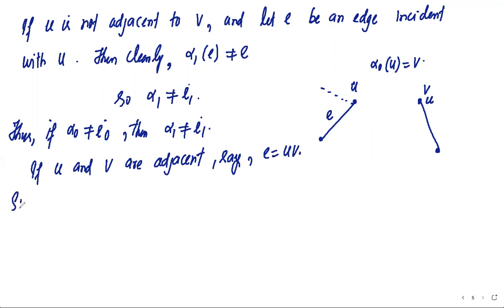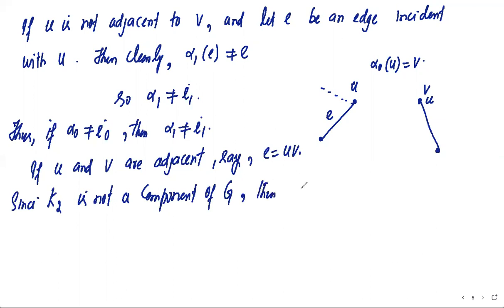Now since K2 is not a component of G, thus there is an edge F, with F not equal to E, which is incident with U.